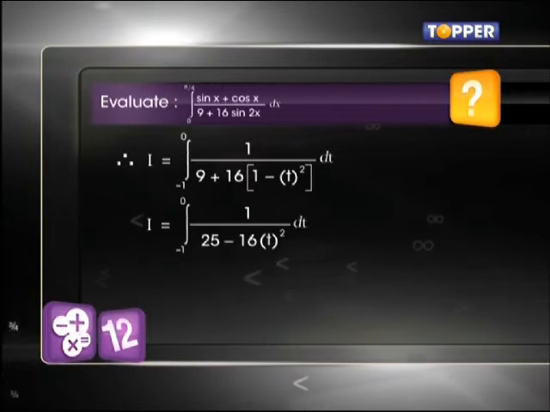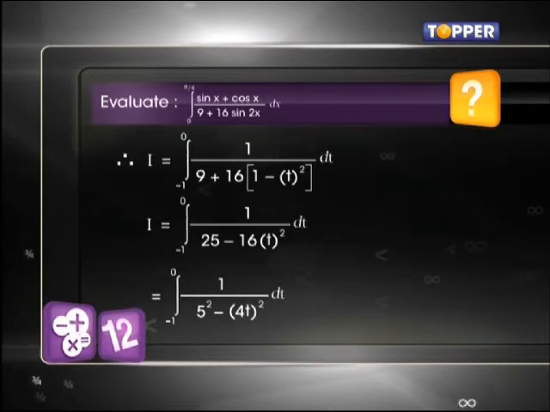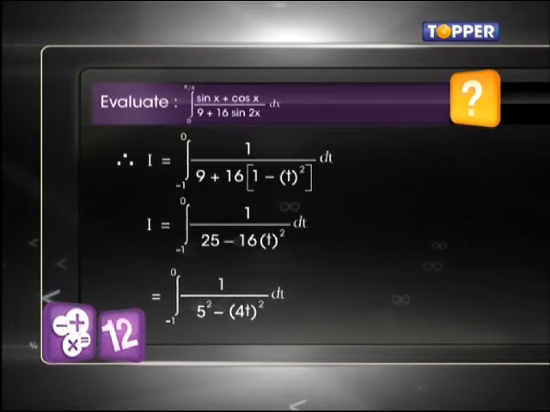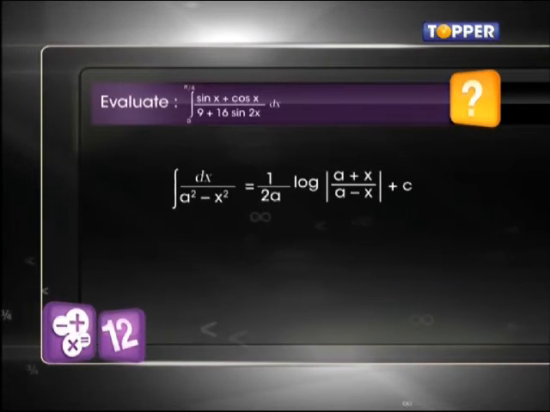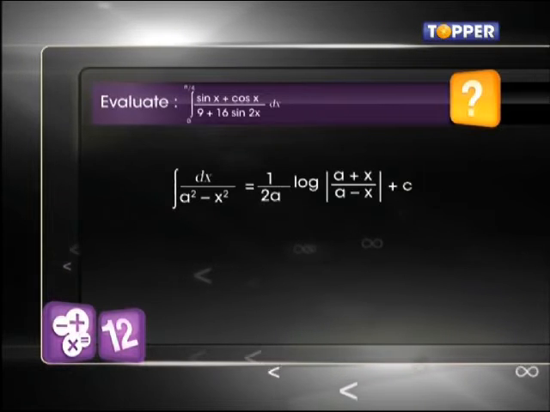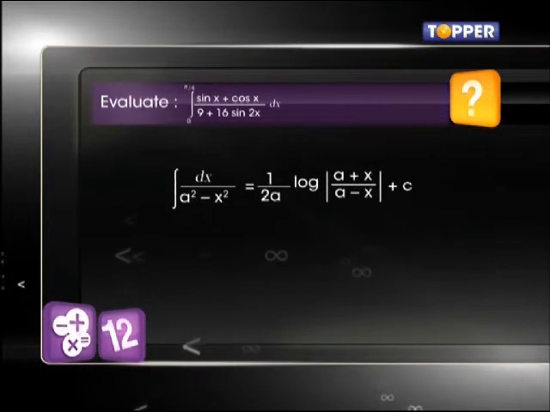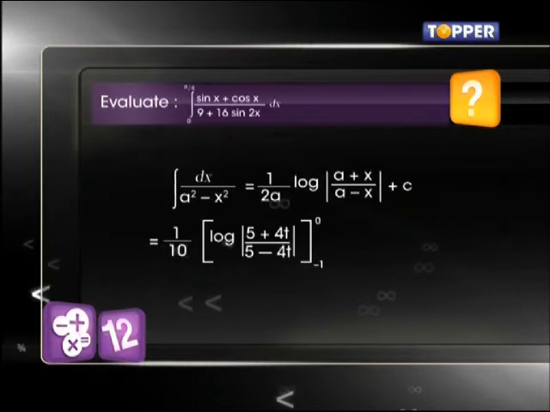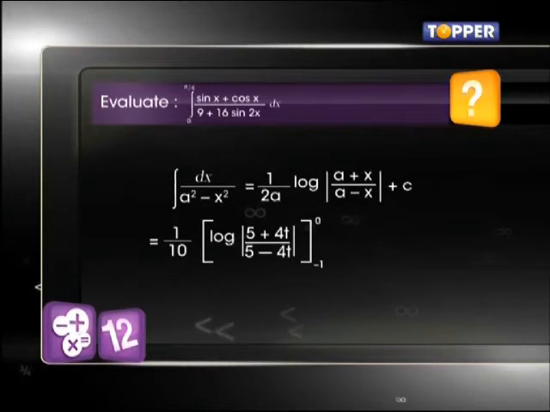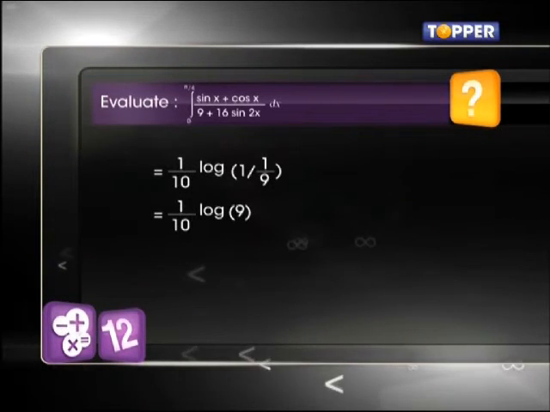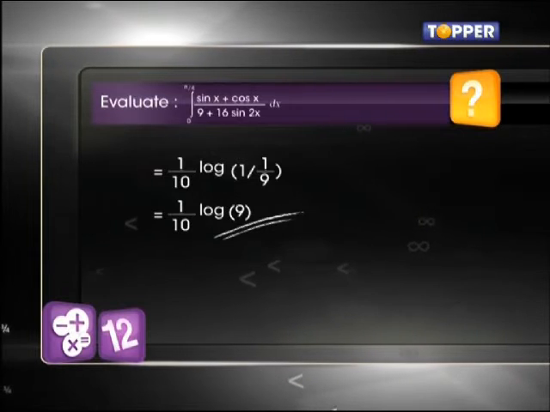This simplifies to 1 upon 5 square minus (4t) whole square. The denominator is of the form a square minus x square, so we use the corresponding special integral. On solving and putting the limits of t, we get the result 1 by 10 into log 9.